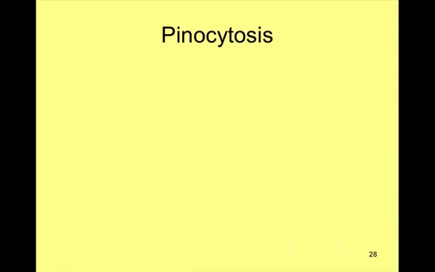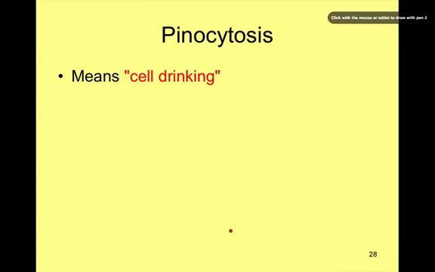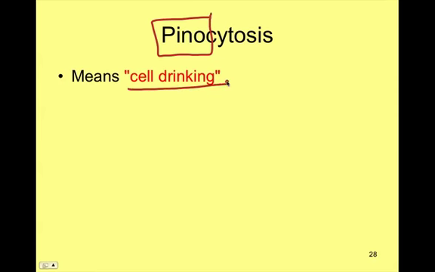The other one is pinocytosis. This means cell drinking. And of course, the way that I remember them is when you drink a lot, you have to pee. So you could say pinocytosis, but pinocytosis means cell drinking.